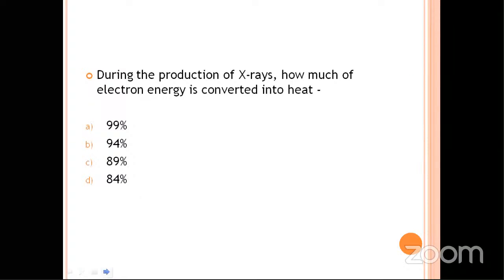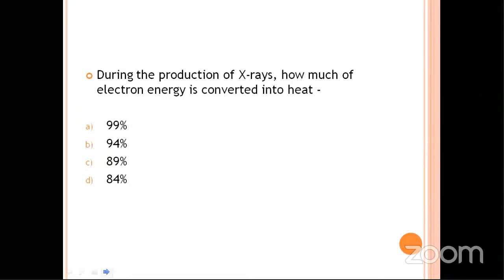Okay, so during the production of X-rays, how much amount of electron energy is converted into heat? Or in another way, how much amount of electron energy is converted into X-rays? So 99% of the energy is converted into heat, and only 1% we are getting as X-rays.